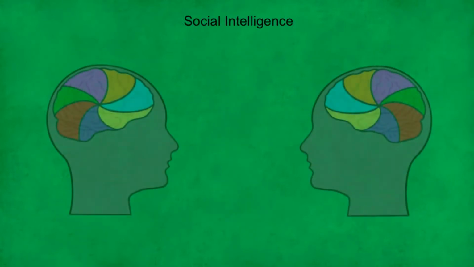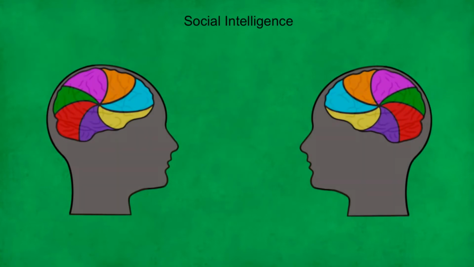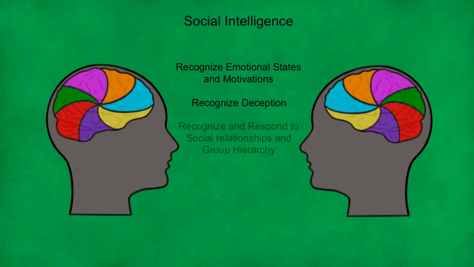In the case of social intelligence, what were the items of mediation that humans used to stimulate this part of their brains? Well, first of all, social intelligence is composed of certain fundamental cognitive processes, such as the ability to recognize the emotional states and motivations of others, the ability to recognize deception, and the ability to recognize and respond to social relationships and group hierarchy.